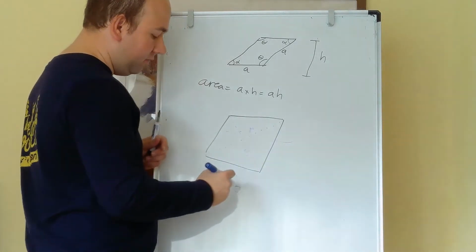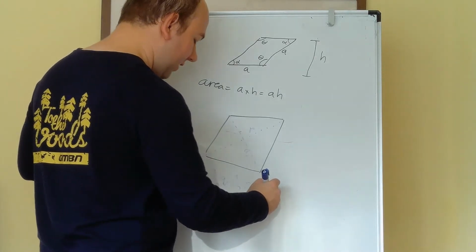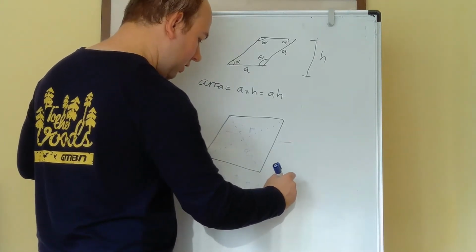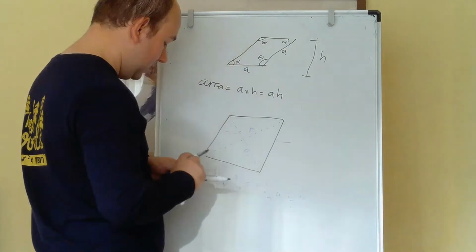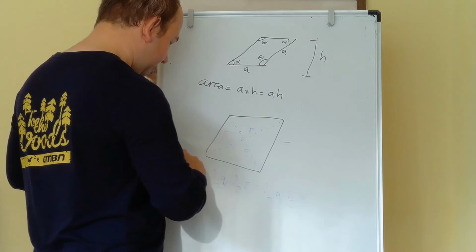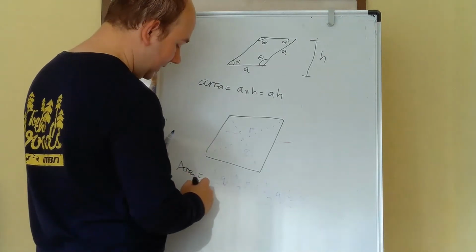And because we have two of them, we're going to add these two together, so we're going to have another half Q times a half P. So this is equal to the area. I'm going to change the black pen because it's going to make it a bit tidier or easier to see.